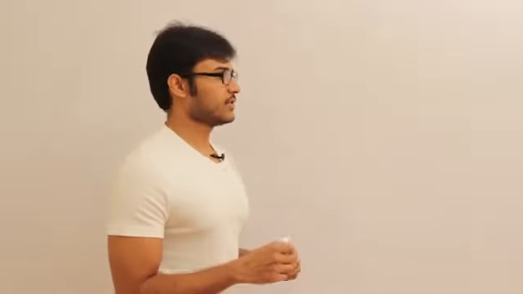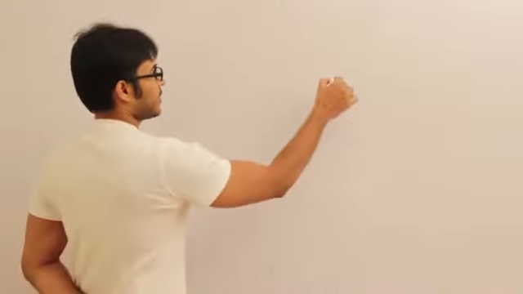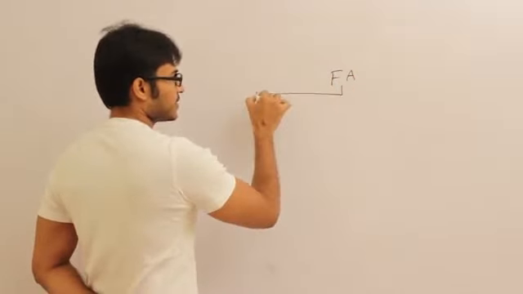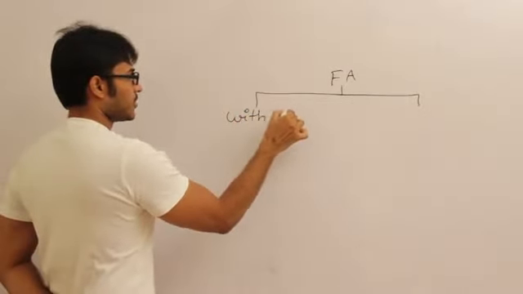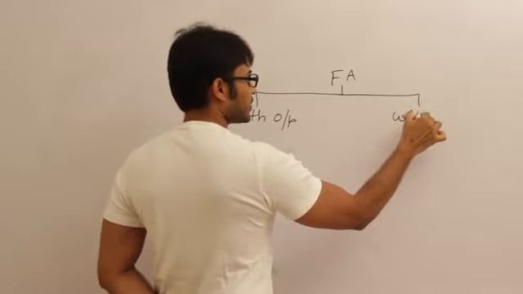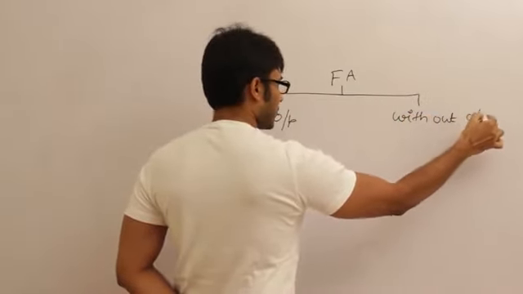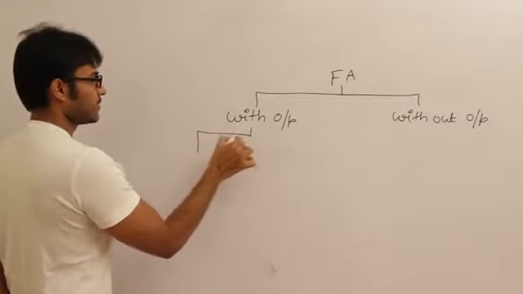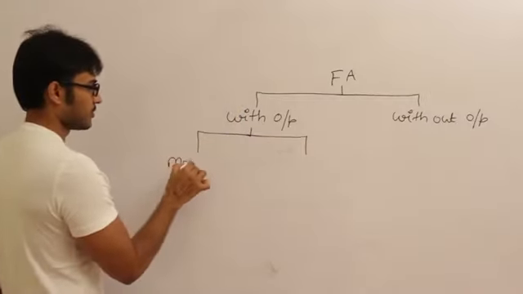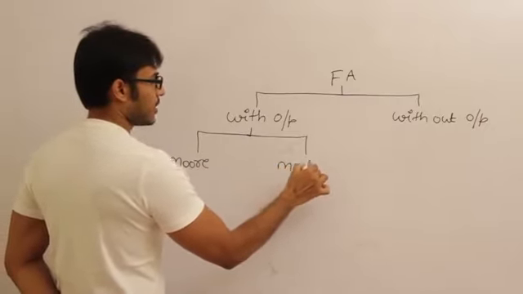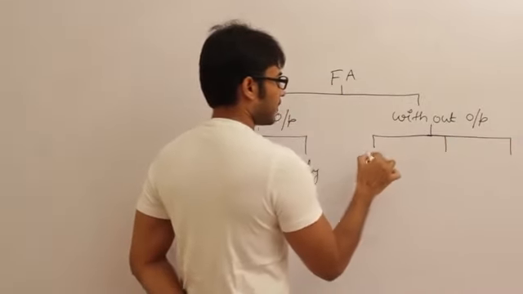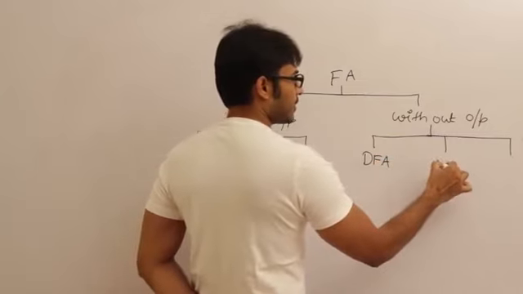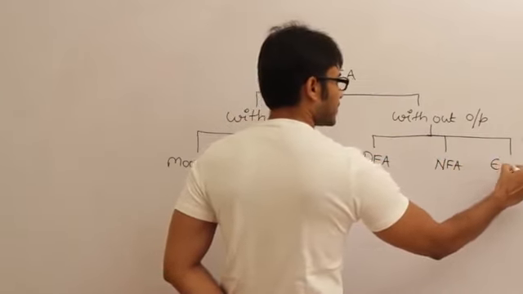Now let's summarize what we have seen till now. We have seen many kinds of finite automata. I can write them like this: finite automata with output and finite automata without output. With output, we have seen the Moore machine and Mealy machine, and without output, we have seen DFA, NFA, and epsilon NFA.